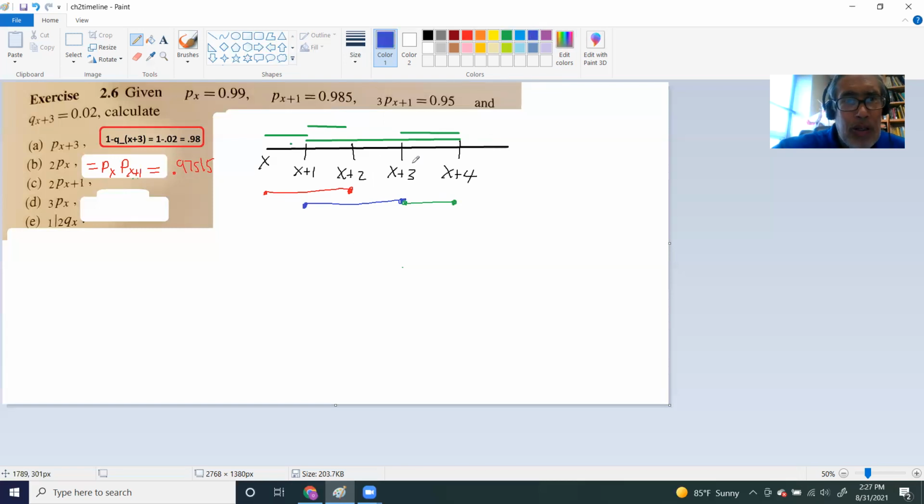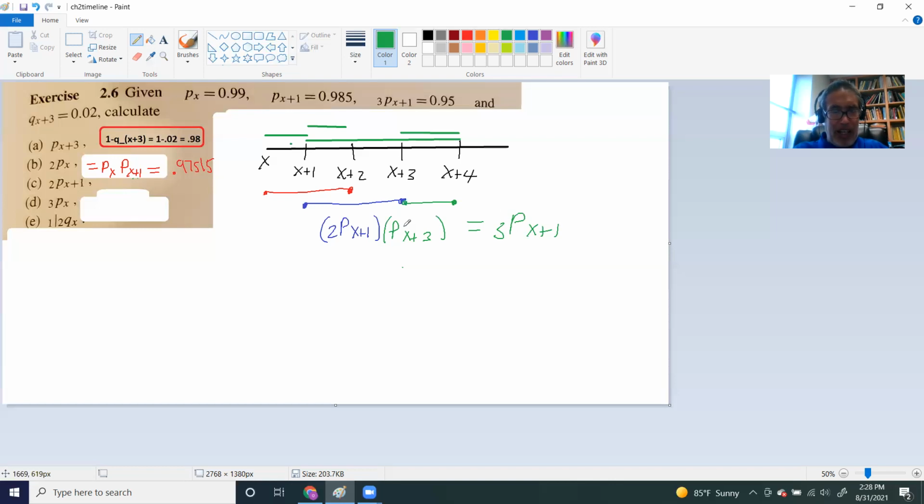So this blue, of course, is what we're looking for, multiplied by the green, what we have figured out, and that must be this total green here. So now we can just find blue by dividing by the green.